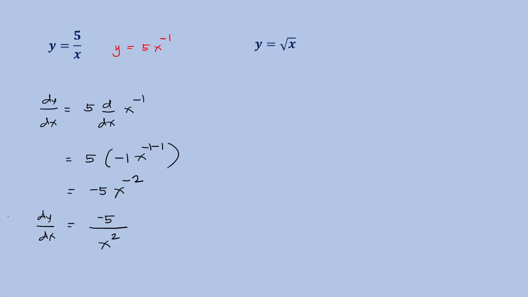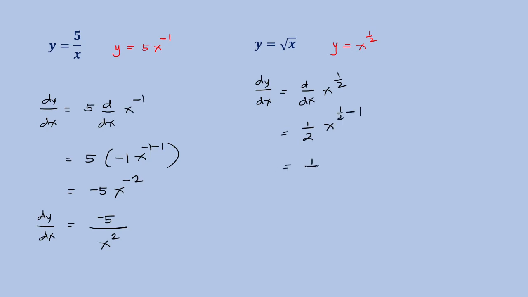Another example, we have y is equal to the square root of x. To apply the power rule, we can write this as y is equal to x raised to 1/2. And getting the derivative, we have the derivative of x raised to 1 half. And we have, by power rule, that would be 1 half times x raised to 1 half minus 1.